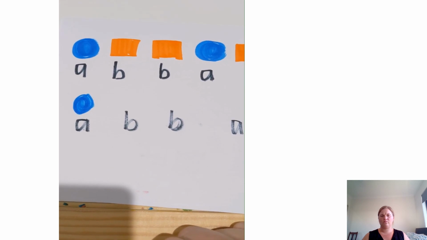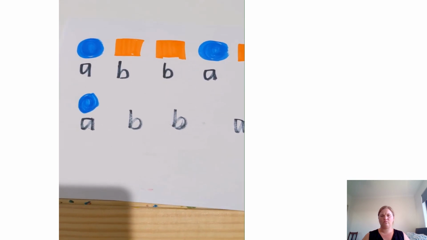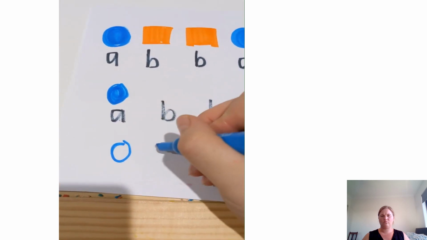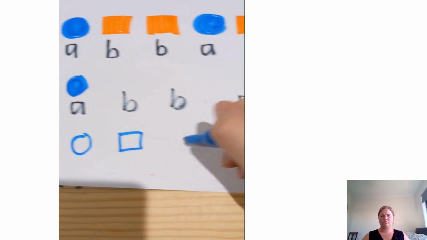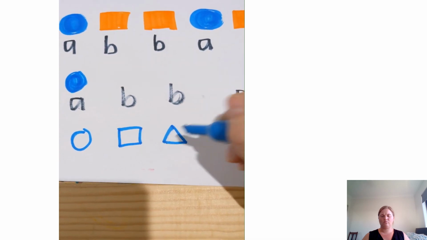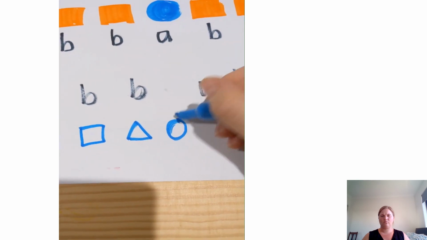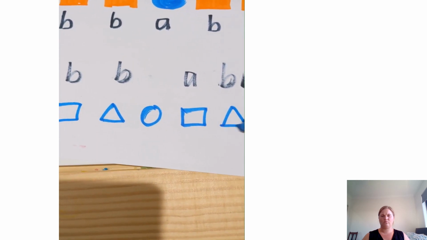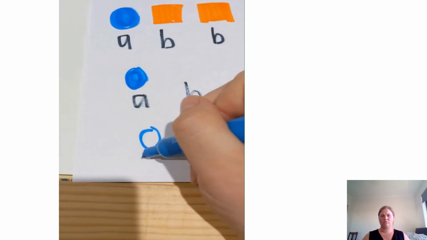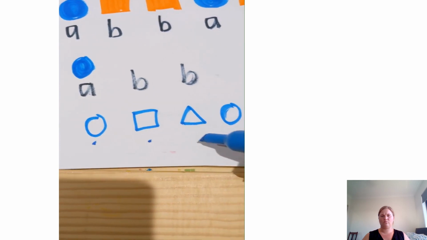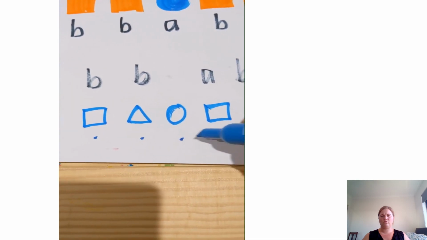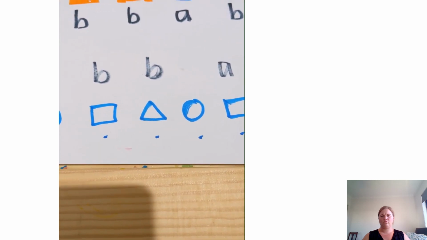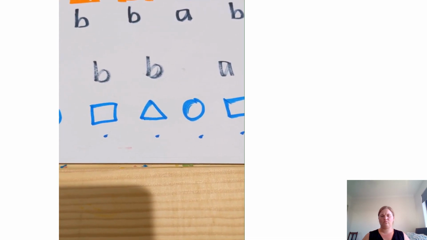You might create an ABC pattern using three different shapes like a circle, a square, and a triangle. Circle, square, triangle. A, B, C, A, B, C. It's repeating three different shapes this time.